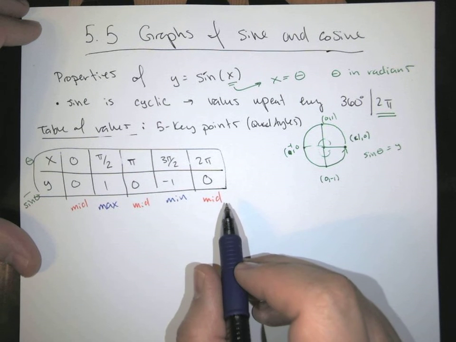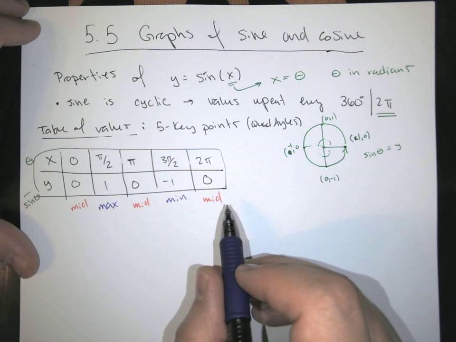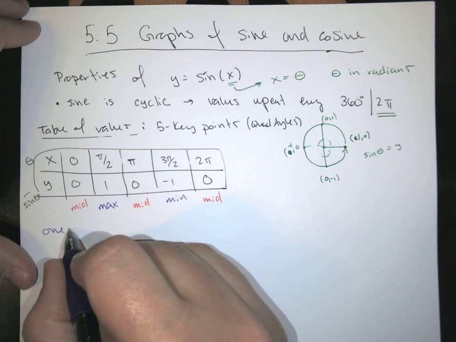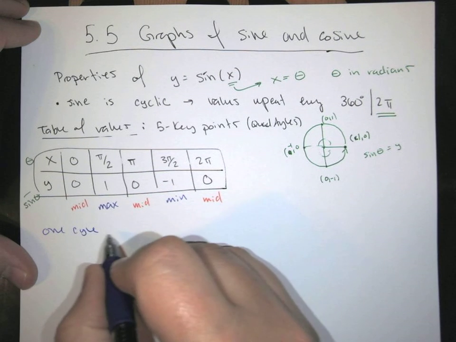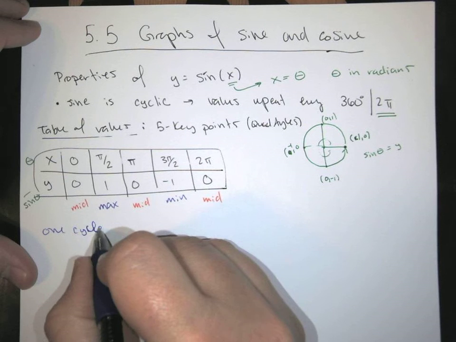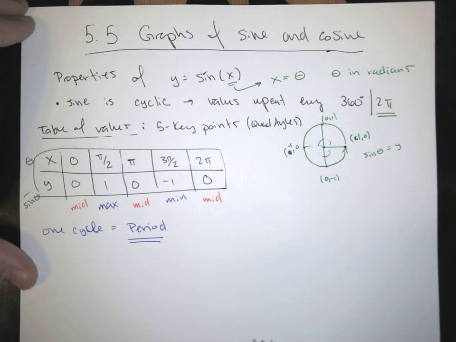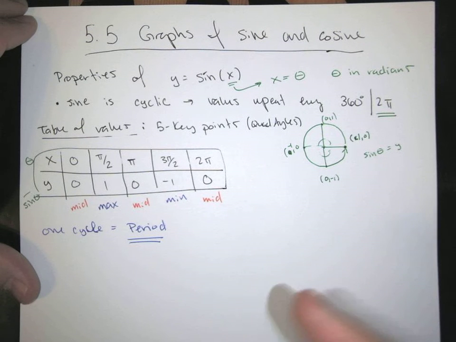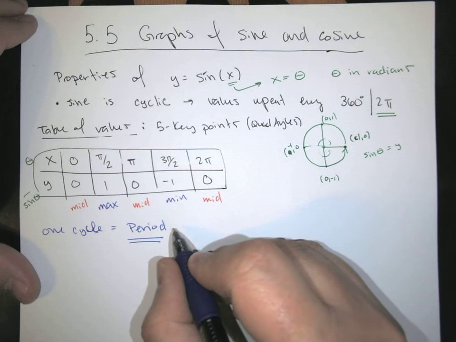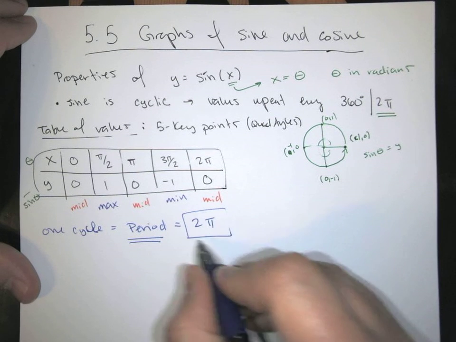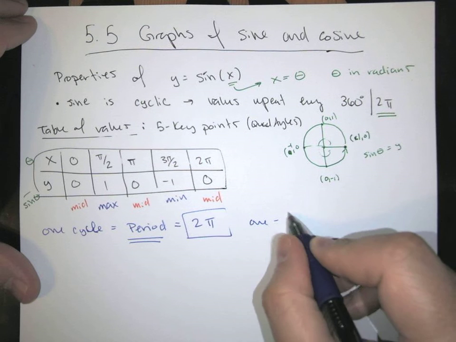This whole cycle, from 0 to 2 pi, one cycle, is going to be called the period. So these are often referred to as cyclic or periodic functions, right? Having a period is an amount of time that we're cycling through. And so the length is going to be 2 pi. So this is essentially one full rotation.